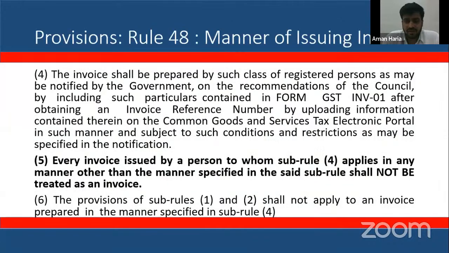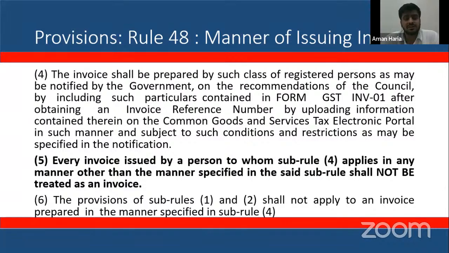Before we deep dive into anything specific, I would first like to start with the genesis. Where is the law? What provisions are triggered which relate to invoicing? The first one is Rule 48 of the CGST Rules, which deals with the manner of issuing an invoice.